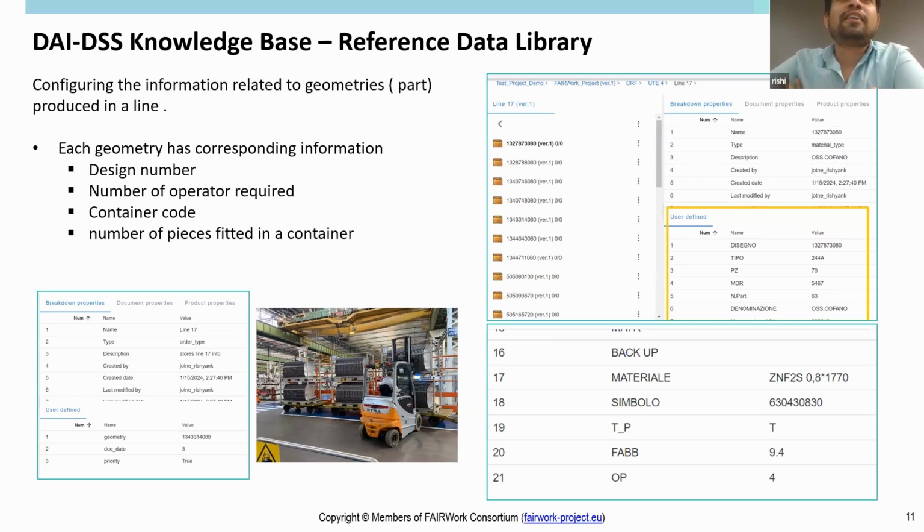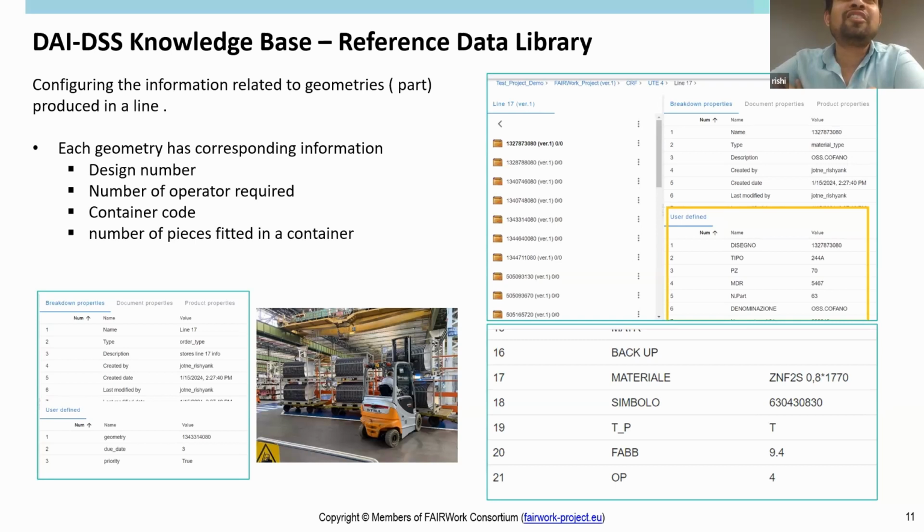And this geometry also has other properties, like the container in which it is placed. You can see this forklift here, and the containers I'm talking about are in front of this forklift. These containers have a certain capacity, to hold maybe 40 pieces of material of a certain geometry, or 100 pieces, based on the type of geometry and the shape. You can accommodate more or fewer geometries based on the size and shape.